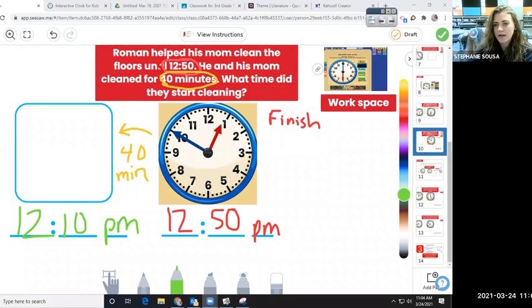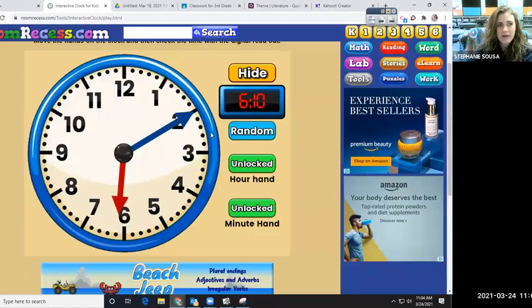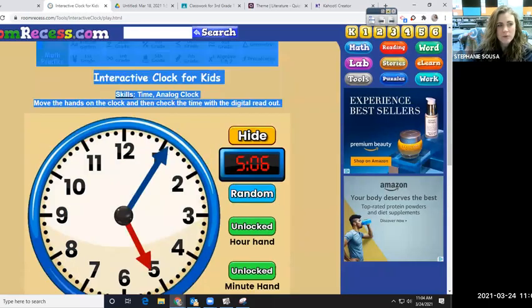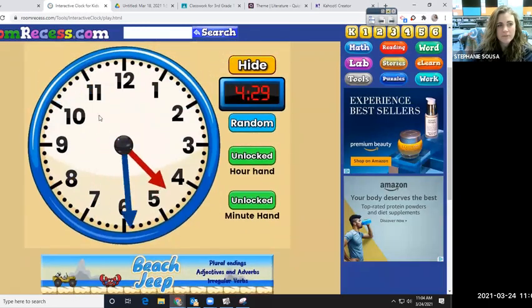Okay. Here is your correct time: 12:10. There were quite a few of you that got that one wrong, so let's check it out. We started at 12:50. We went backwards 40 minutes. So I have my clock. It says 12:50.